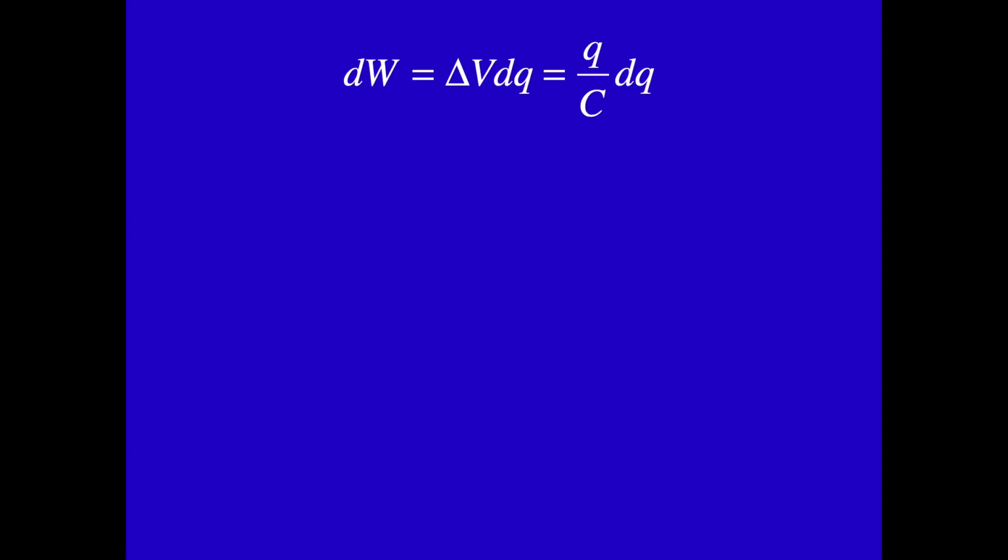Let me call these primes because I'll make these dummy variables. And so the energy stored in the capacitor then is Q squared over 2C. I can rewrite this different ways because of this equation. I can rewrite this in the following manner too.